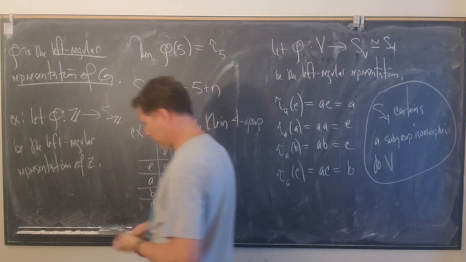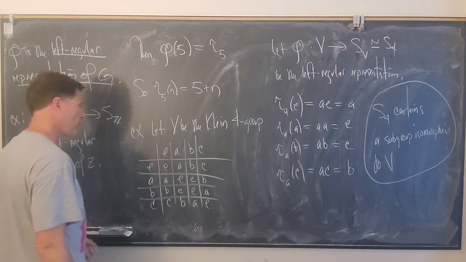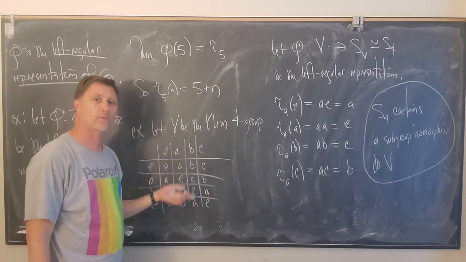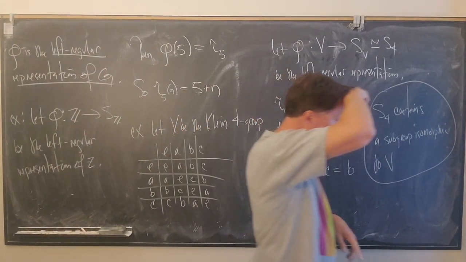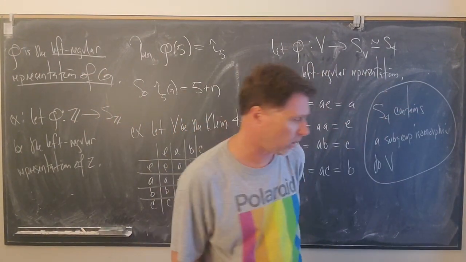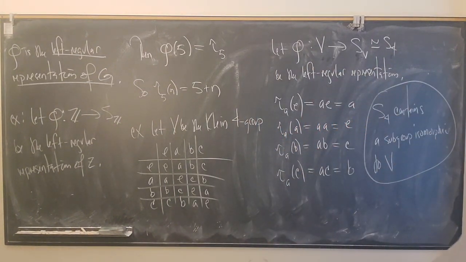So that's kind of nice because we want to come up with various ways to think about the Klein 4 group. But one way that we don't really want to have to deal with is writing down the table all the time. Now, it's page 80 in the book. Page 80 has the subgroup lattice for D4.